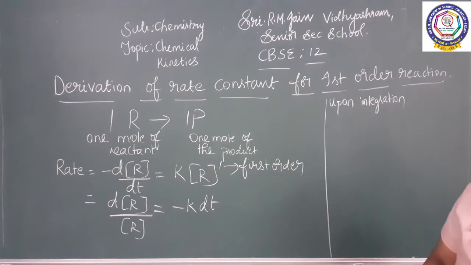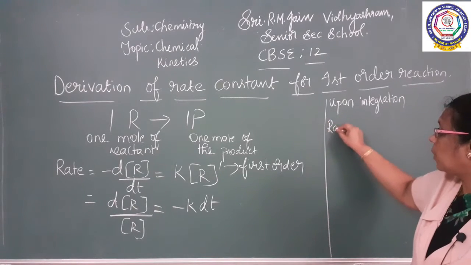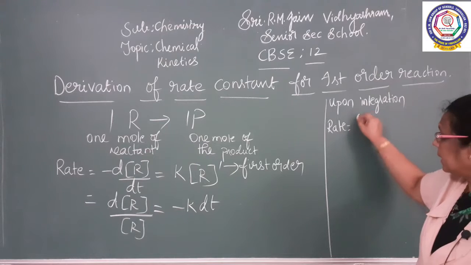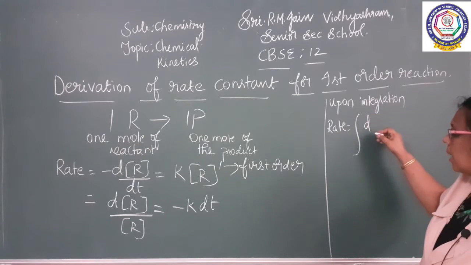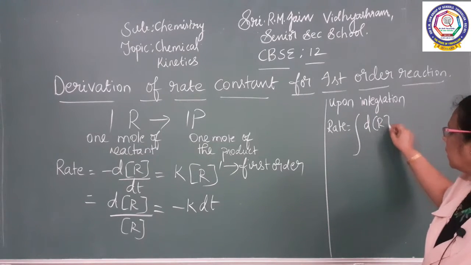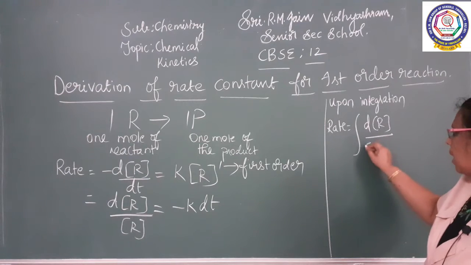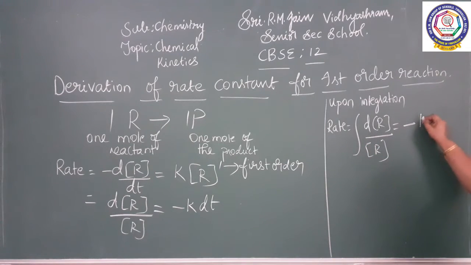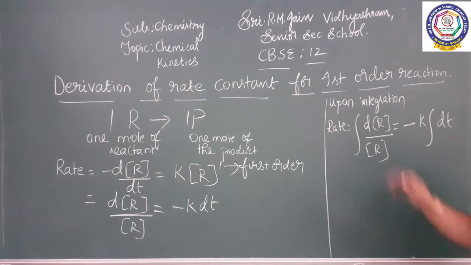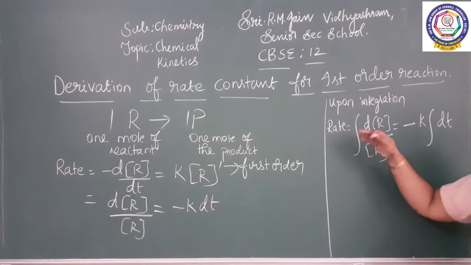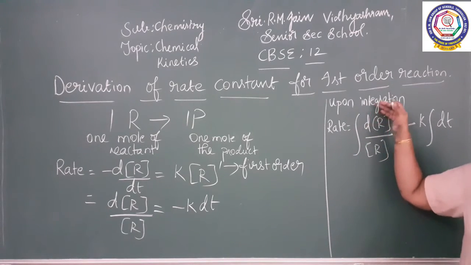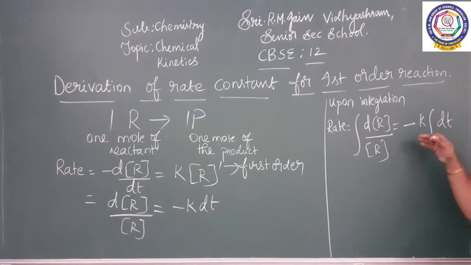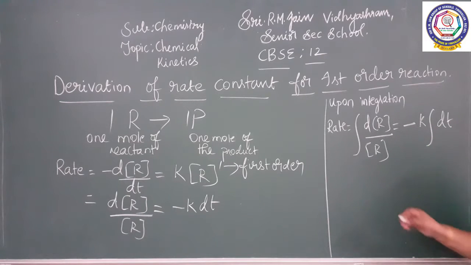What is that you will be getting? Integral dR by R is equal to minus K into integral dt. So upon integrating the above equation, that is integral dR by R is equal to minus K into integral dt.